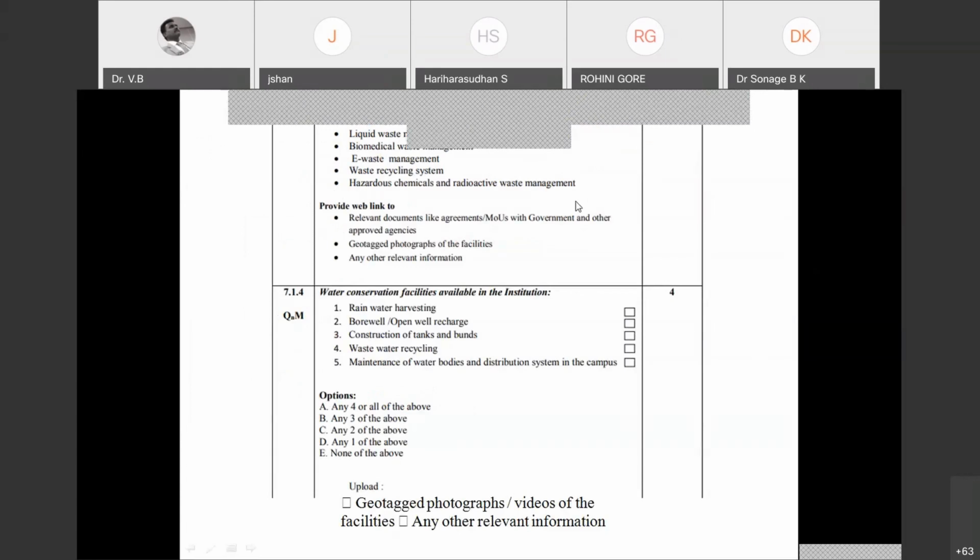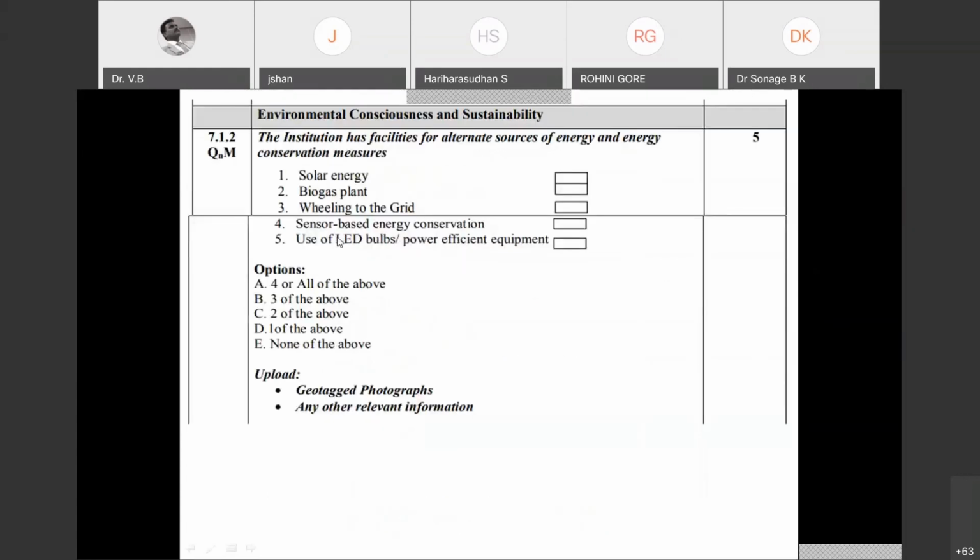Sorry, one more. For example, in point number 4, we can see sensor-based energy conservation. That is, say in some auditoriums or conference halls, once the last person leaves and the hall is empty, then within the next 2 minutes the entire system, all the electricity-consuming devices like lights, bulbs, fans, and air conditioning, will shut down automatically.